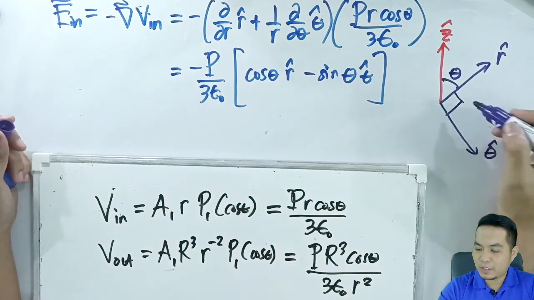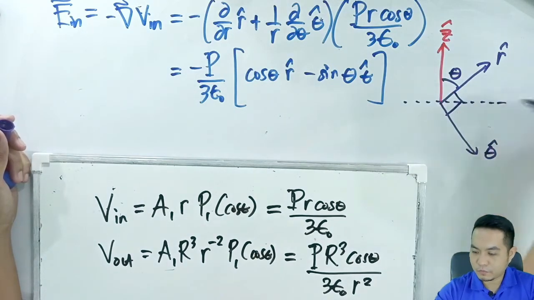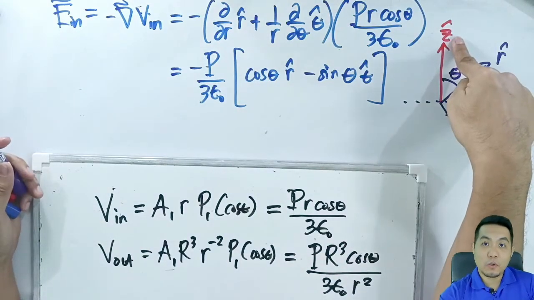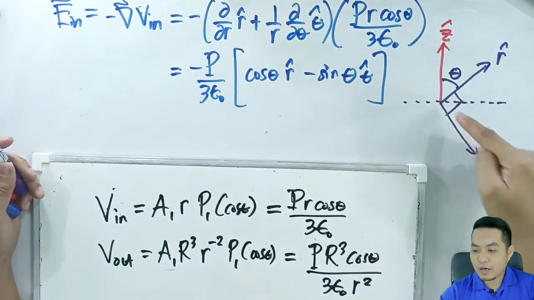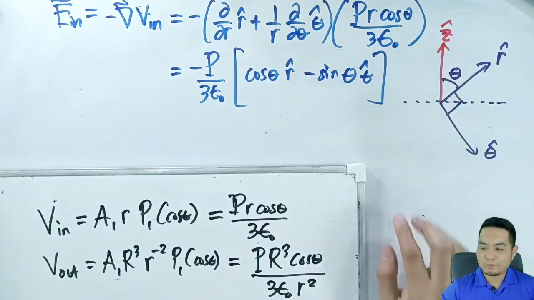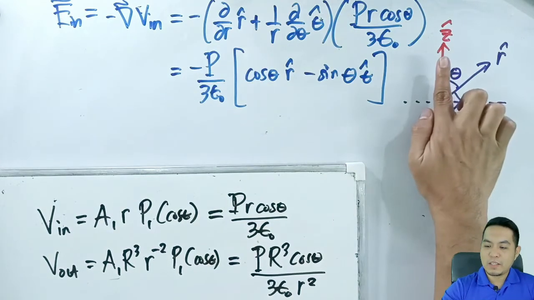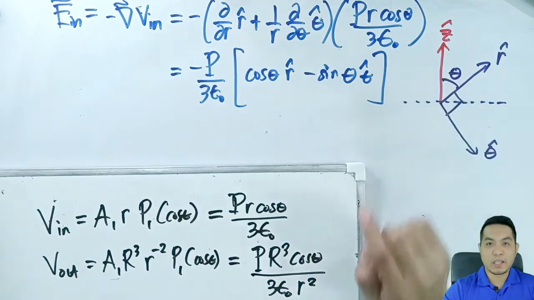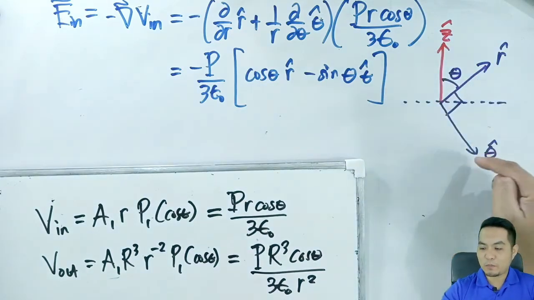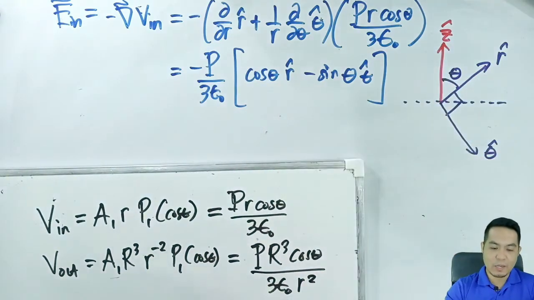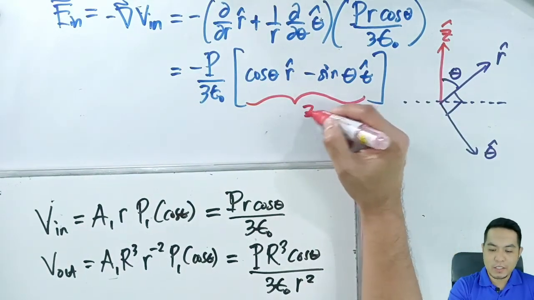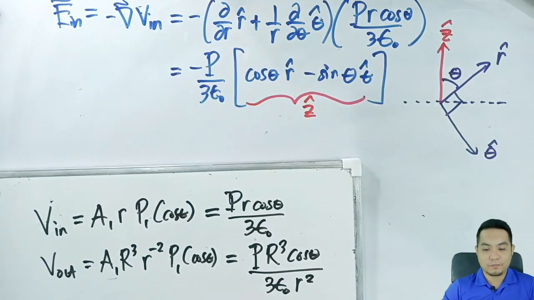So we can write the z hat unit vector in terms of the r and theta coordinate system. If you rotate that, you will notice that z hat has a cosine theta component in the r hat direction, and a negative sine theta component in the theta hat direction. Essentially, this vector representation here is just your z hat.